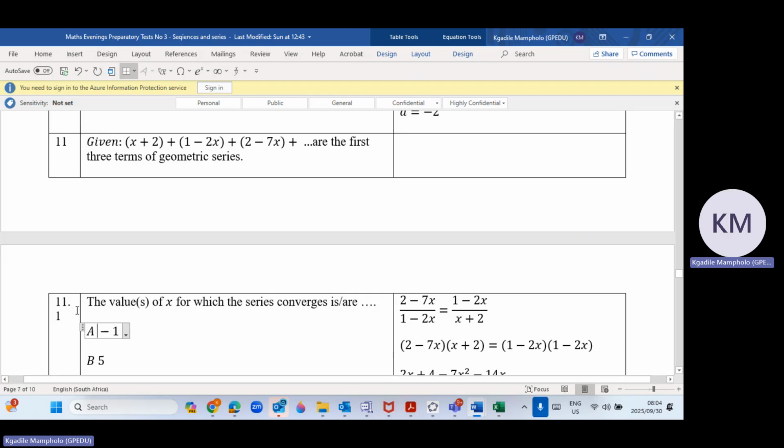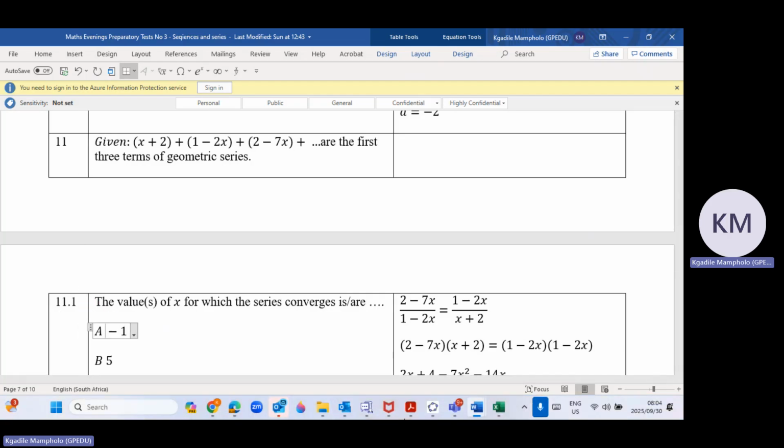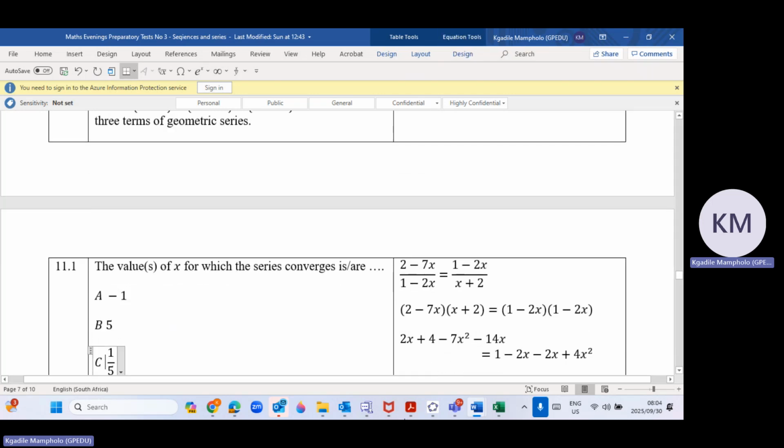Let me just move this a bit. The values of x for which the series converges is or are, because you are not sure whether they are two or one.